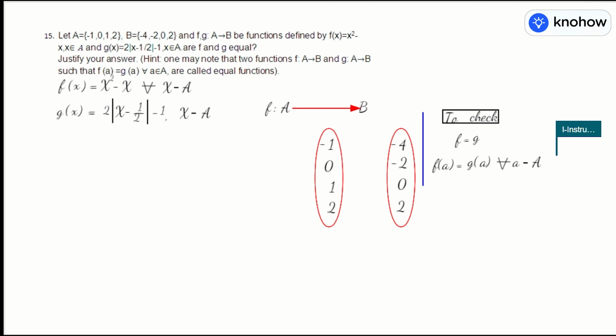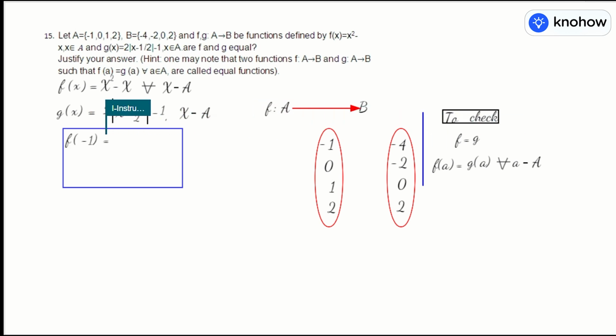So what is f of -1? f(-1) is (-1)² - (-1). So (-1)² is 1 and minus minus is plus 1. So it is 2. So -1 corresponds to 2.